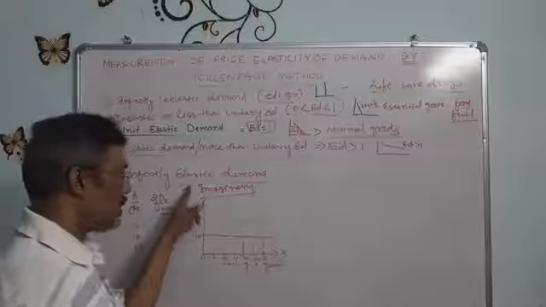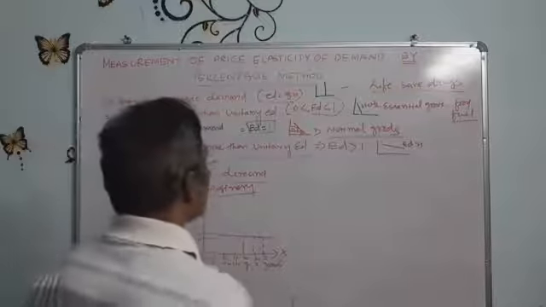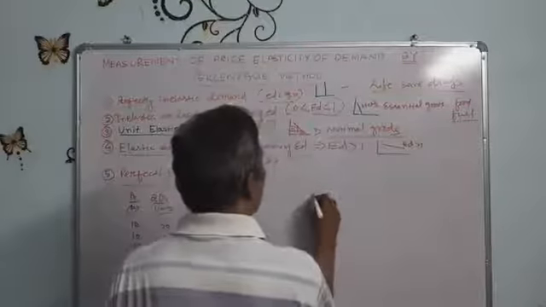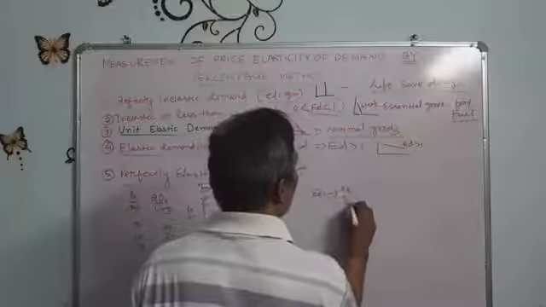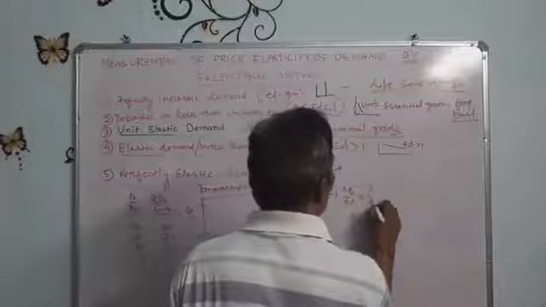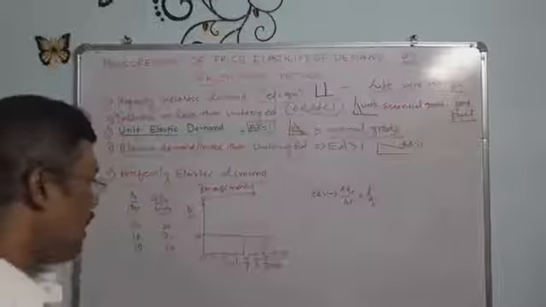That is called perfectly elastic demand. In this case, we can measure elasticity of demand equal to minus delta Q upon delta P into P upon Q. Suppose in the first case, Q is 20 and Q1 is 25.